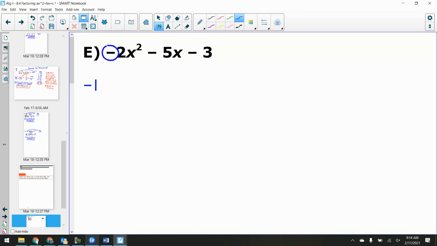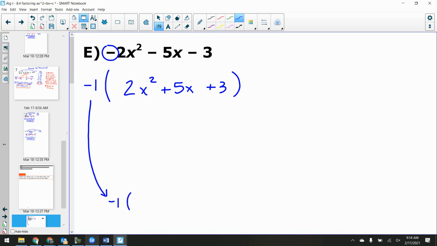I'm going to remove that negative as a -1, which basically turns everything else the opposite sign. Now, is that going to change the way I factor? No, and I'd like you to arrow down that -1, because that's just going to be part of our answer. The rest of the process remains the same.